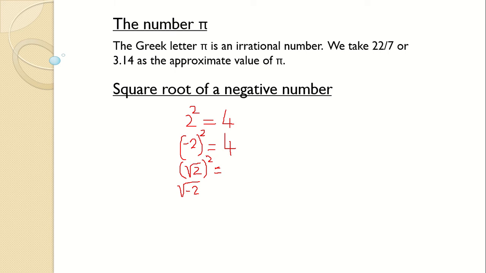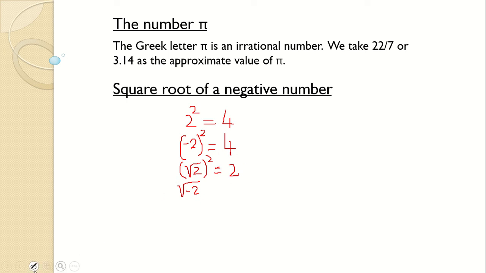Root and square are opposite of each other, so they will cancel each other and the answer will be 2. Okay, √2 squared, the answer is 2. So here also we get a positive number, right?